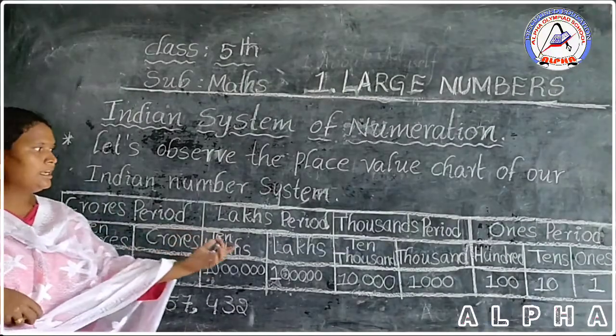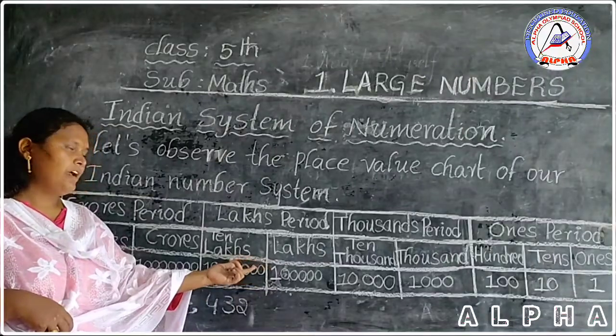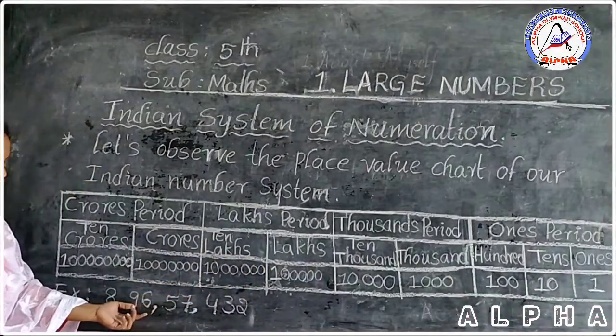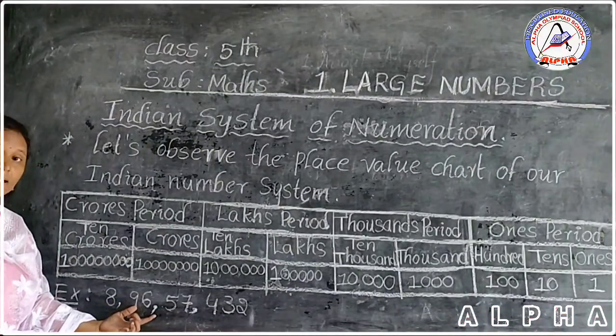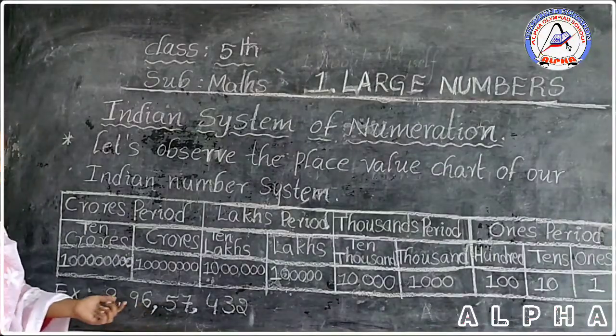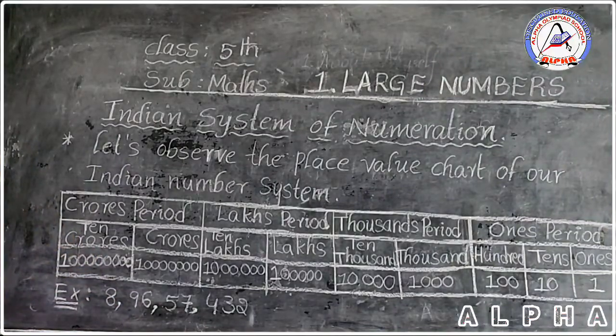After that we come to the lakhs period. In the lakhs period we also have 2 place values, lakhs and 10 lakhs. That's why here we pronounce this 96 as 96 lakhs. That's why we put a comma here too.